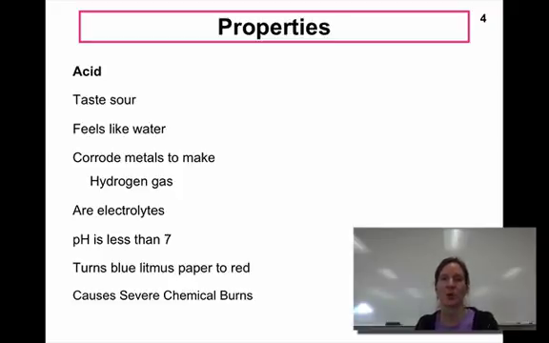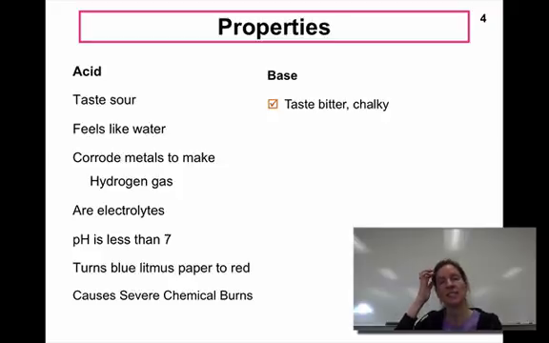Acids, as I'm sure you're aware, can cause severe chemical burns. They essentially dehydrate whatever they come in contact with because they're breaking that water and making that hydrogen gas. And they get hot, right? So they actually create a burn just like you would normally have from a fire burn, but it's a burn from a chemical.